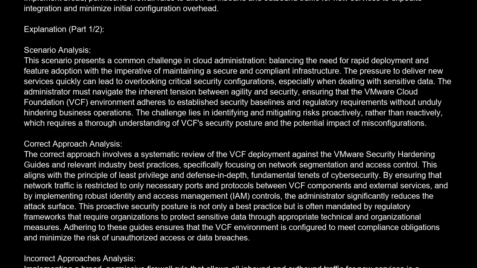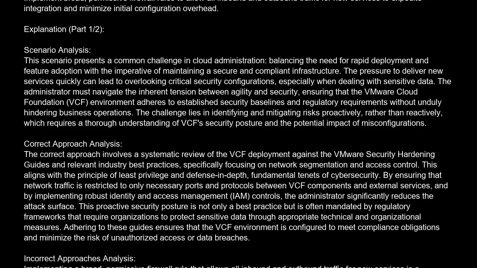The administrator must navigate the inherent tension between agility and security, ensuring that the VMware Cloud Foundation (VCF) environment adheres to established security baselines and regulatory requirements without unduly hindering business operations. The challenge lies in identifying and mitigating risks proactively, rather than reactively, which requires a thorough understanding of VCF's security posture and the potential impact of misconfigurations.